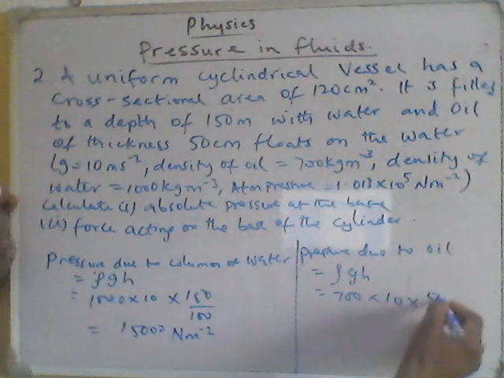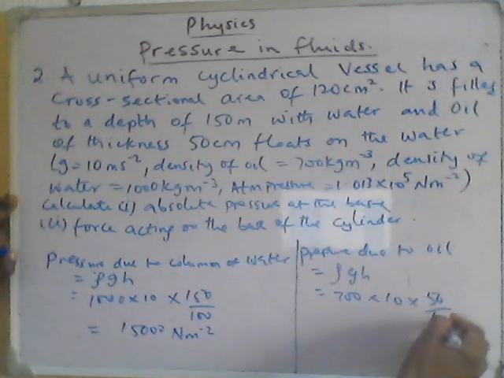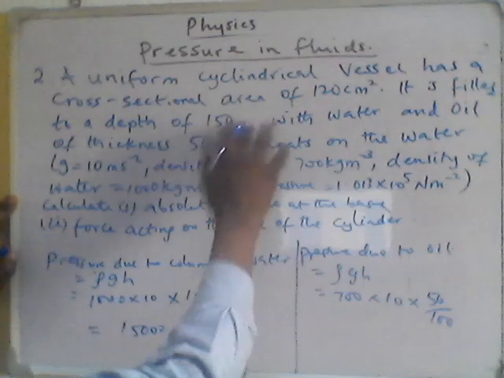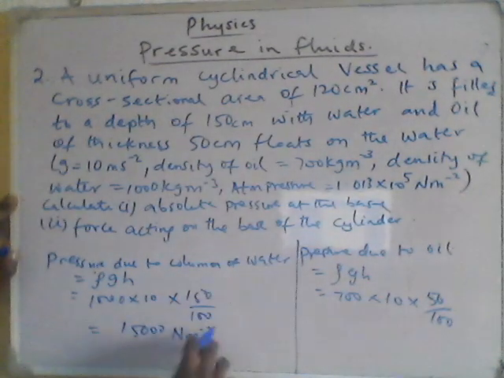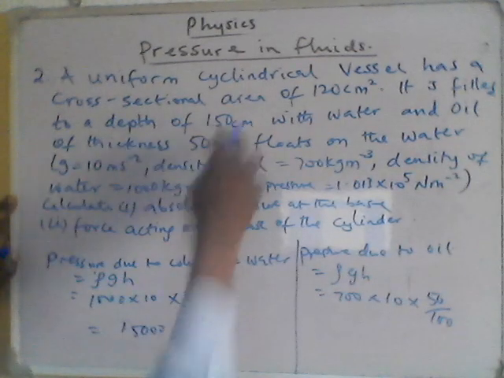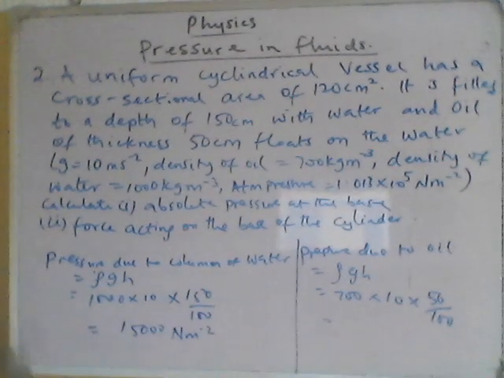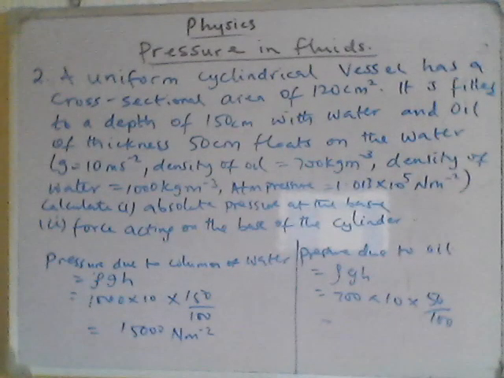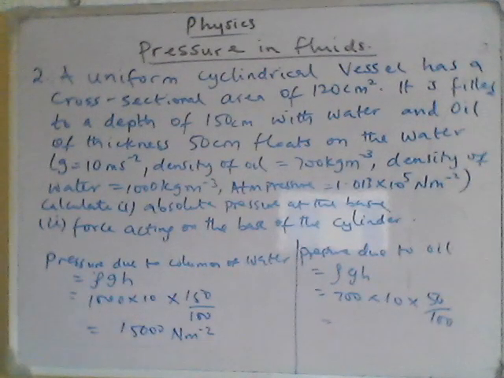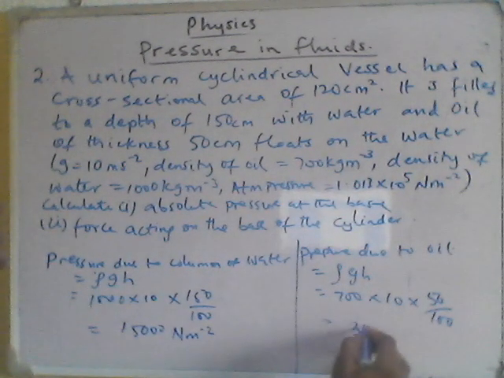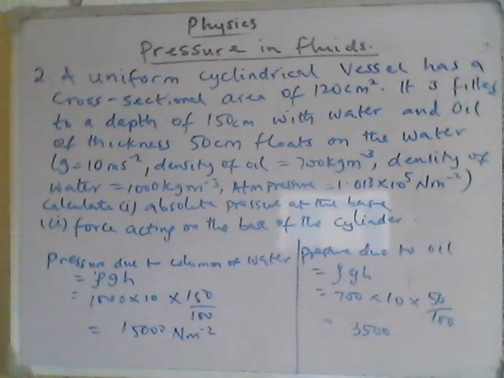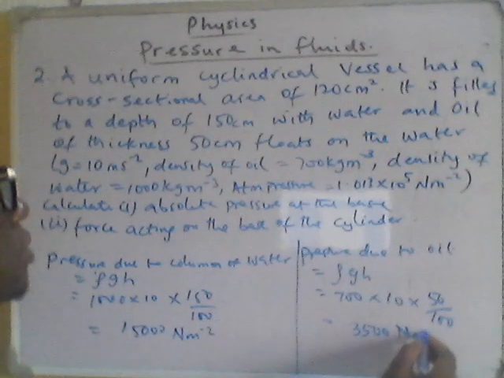Okay, 50 cm over 100. Sorry, this is in cm, not in meters, so I was converting 50 cm to meter. So by the time you finish, you'll be getting the pressure due to oil as 3,500, Newton per meter square.